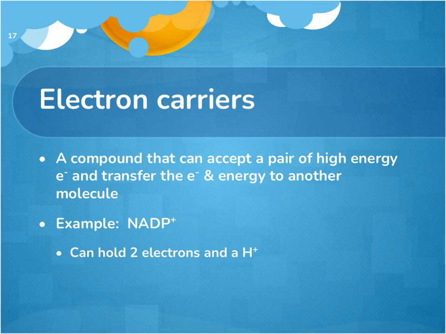There are special molecules that are meant to carry electrons. An example is NADPH in plants, and every time electrons are collected during photosynthesis, NADPH can carry those electrons through the thylakoid, and it can use those electrons eventually to provide energy to build sugars.